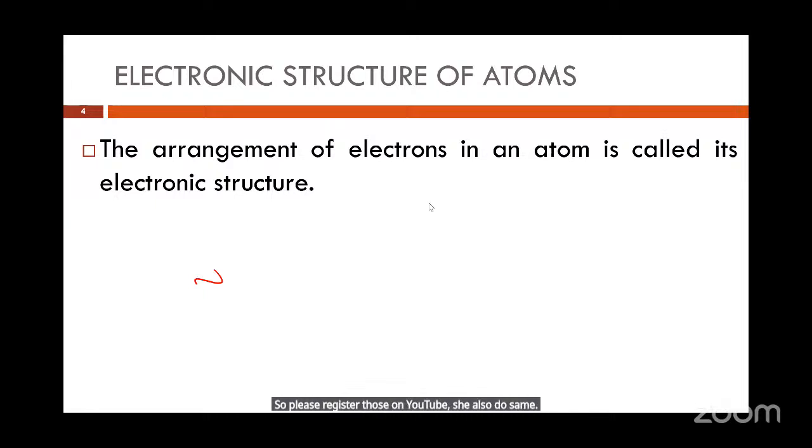Today, I will just give additional information to what I gave you on Friday regarding the quantum model of atom.